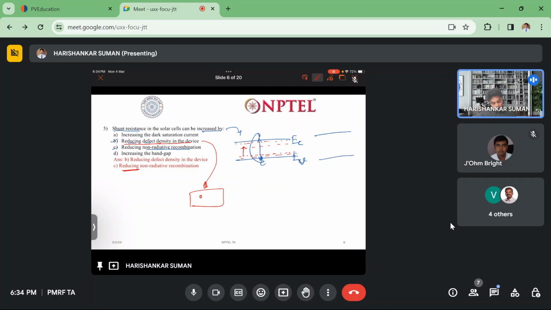We have to reduce the non-radiative recombination for an efficient solar cell.